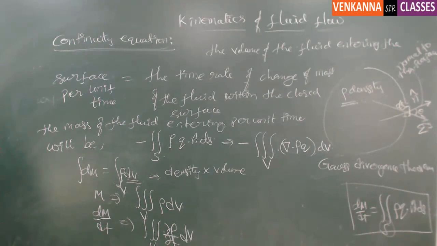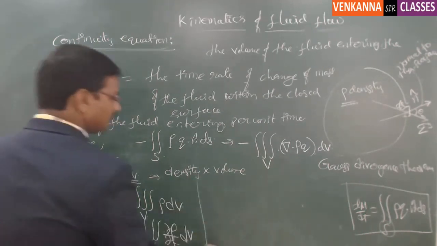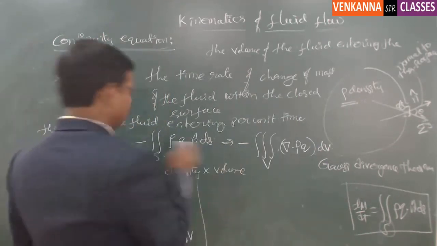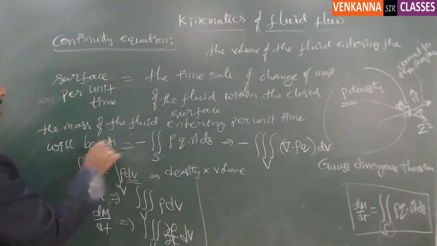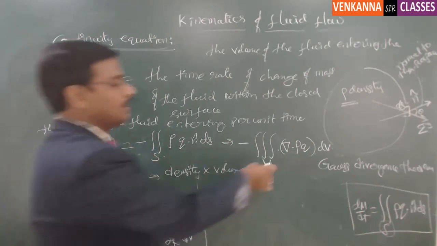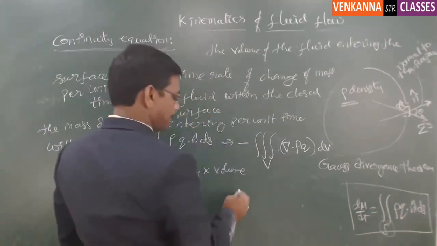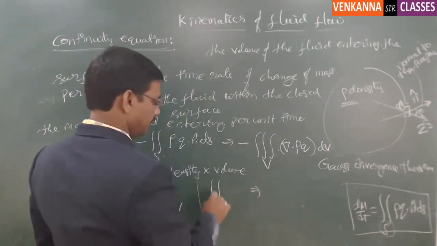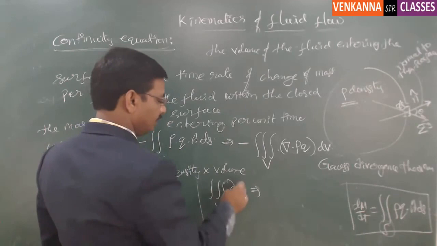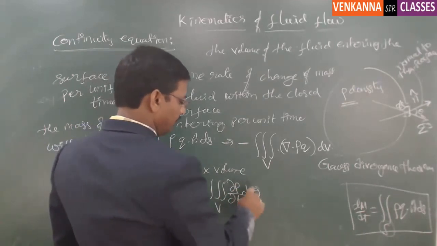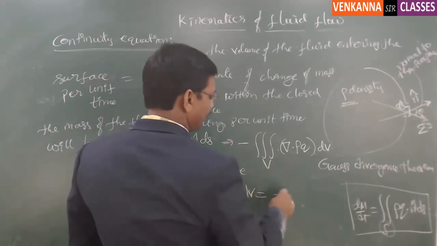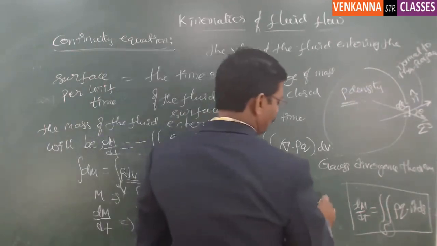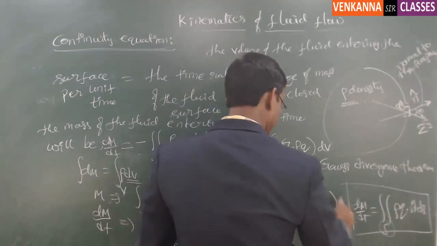Got it? So as per the continuity equation, this dm by dt, whatever we have calculated, will be triple integral over the volume V dou rho by dou t into dV is equal to minus of triple integral over the volume V del dot rho q dV.